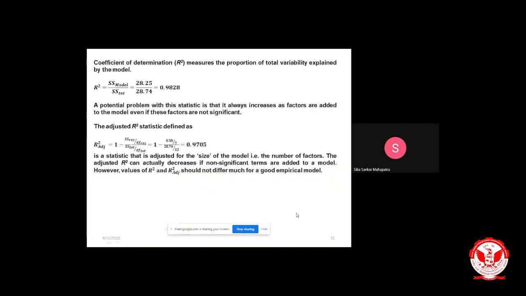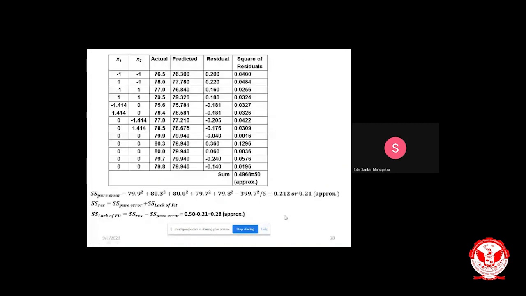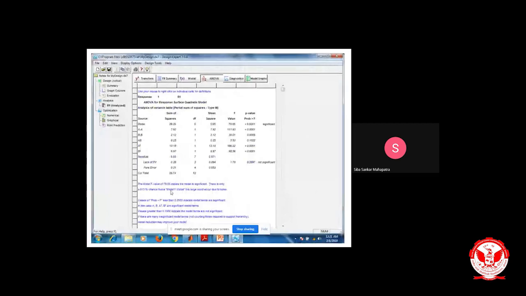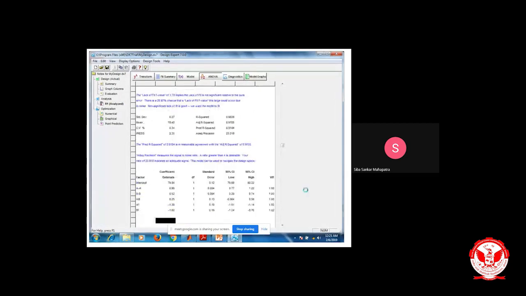And the sum of squares for the total is 28.74. So for the model 28.25 and for the total 28.74.